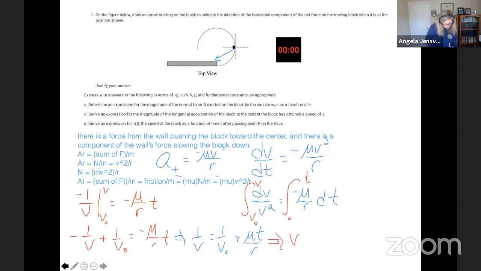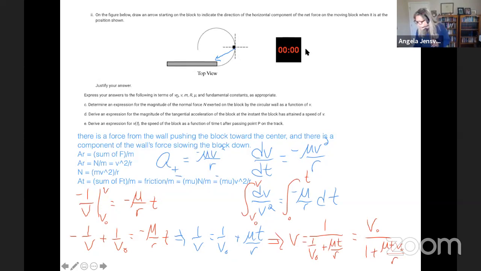So v is 1 over (1 over v naught plus mu t over r). And if you want, you can multiply top and bottom by v naught, and you'll get v naught over 1 plus mu t v naught over r.